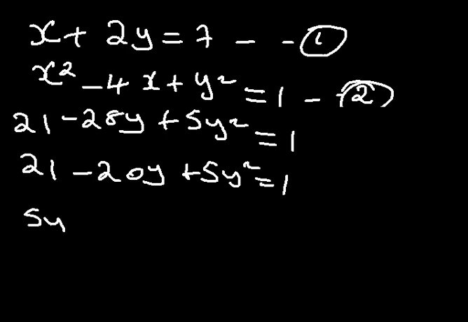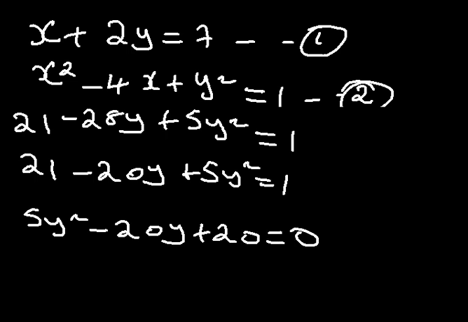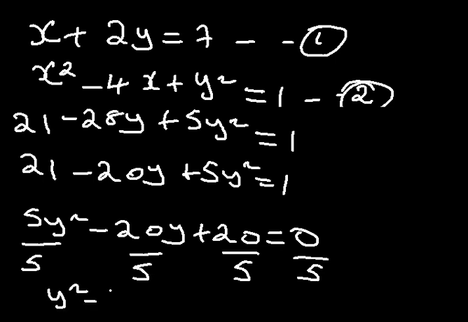Hence we'll have 5y squared minus 20y plus 20 is equal to 0. So this will be the equation. Let's simplify by dividing everything by 5. In this case we have y squared minus 4y plus 4 is equal to 0.